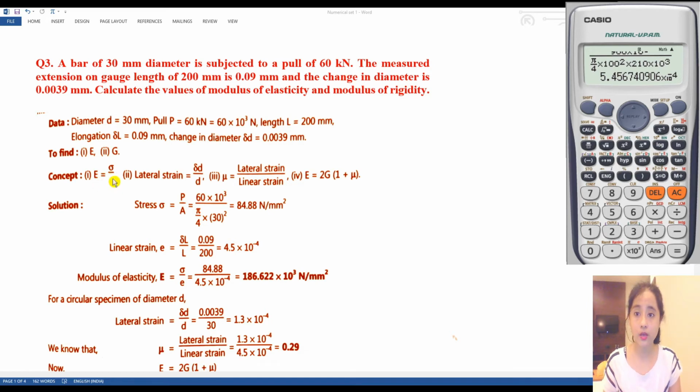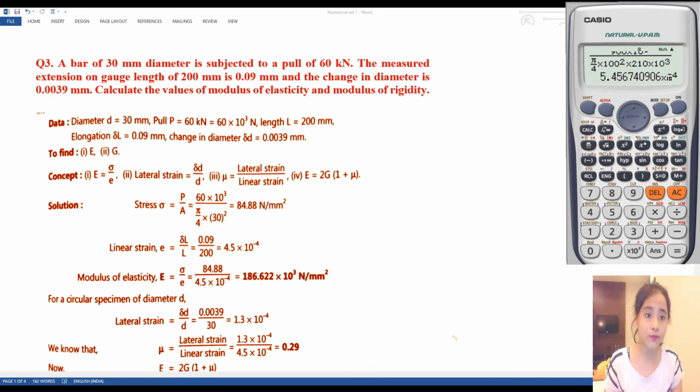Now to find stress, what is the formula? The formula to find stress is P by A. Now what is P given in the question? Pull P is given 60 kilonewton. So using the value converted to newton, it will be 60 into 10 raised to power 3 divided by its area, pi by 4 d square. D given in the question is 30, so 30 square.